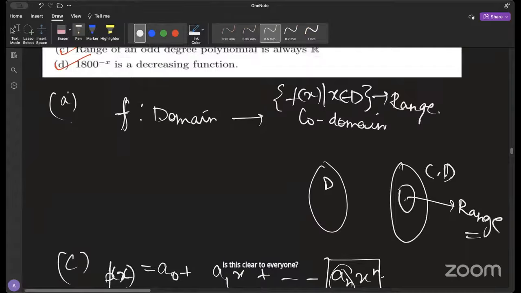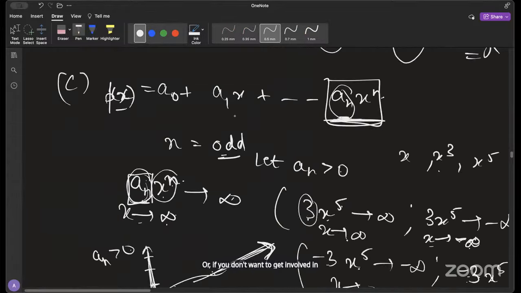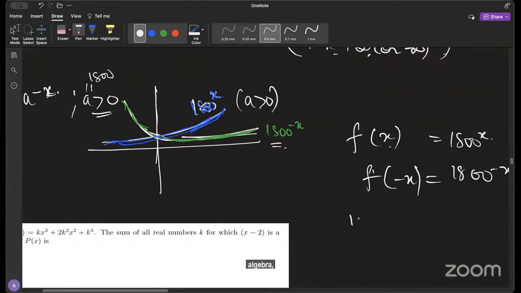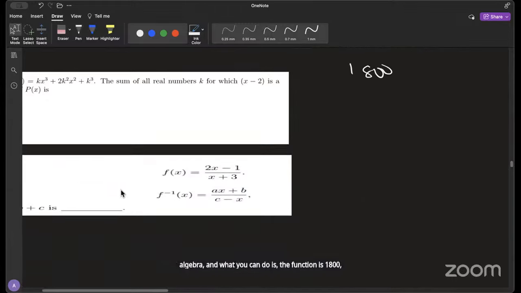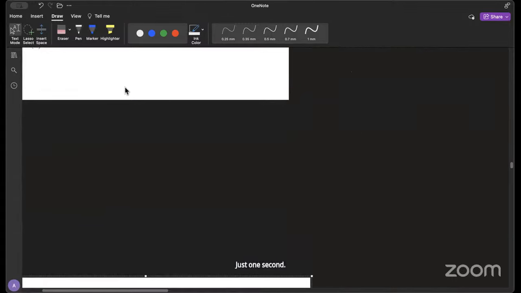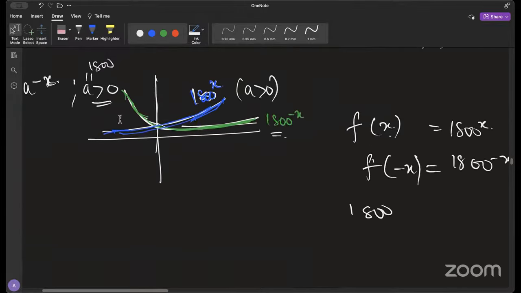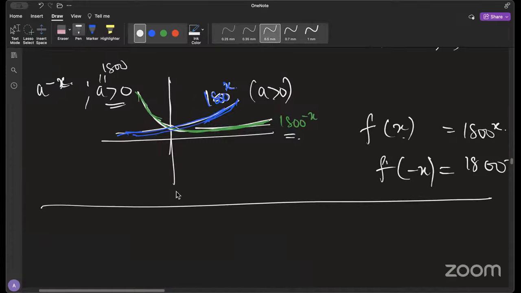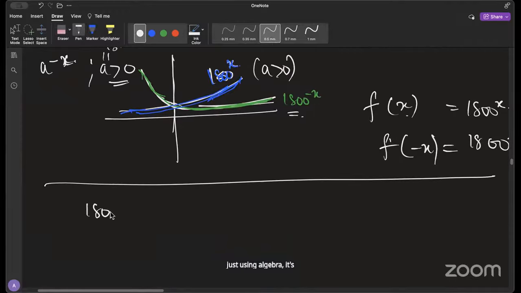Or if you don't want to get involved in graphs, if you want to do it strictly using algebra, the function is 1800 to the power minus x.